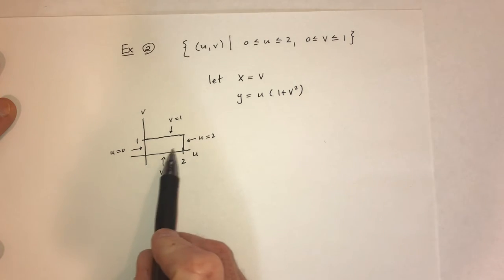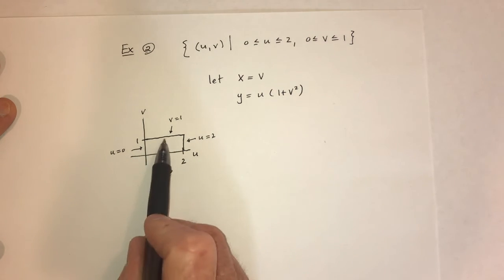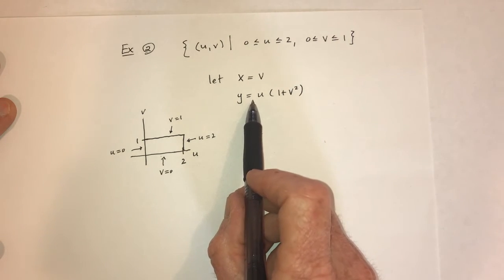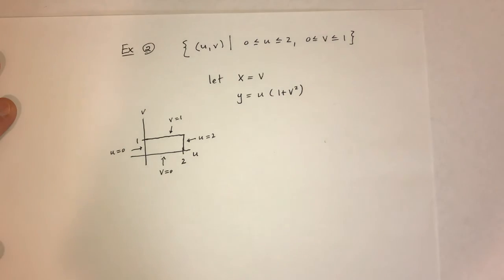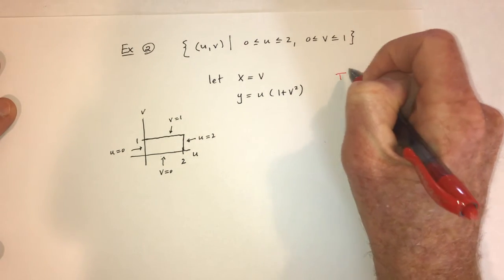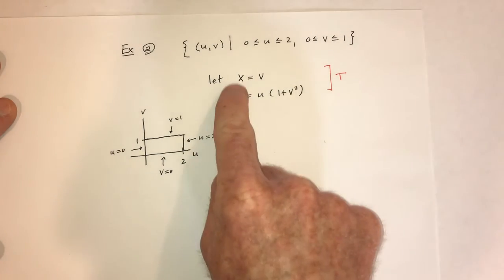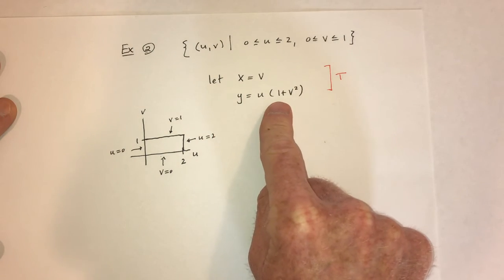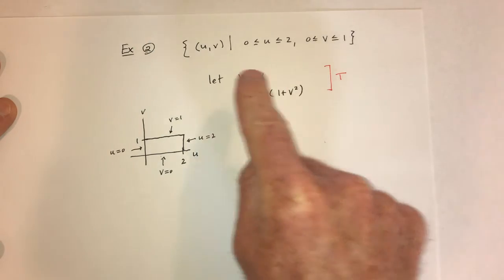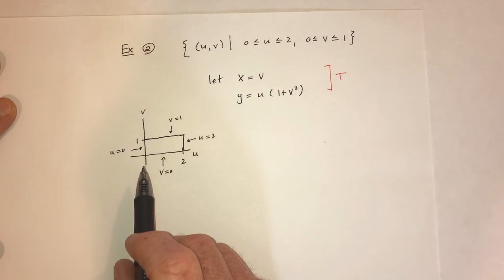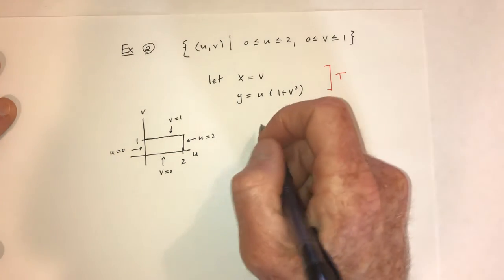So what happens to these 4 lines or 4 line segments if you have this transformation? So just previously I said we have a transformation T. Well, this is the transformation T. So you're transforming between x's and y's to u's and v's, or from u's and v's to x's and y's. So let's take one piece at a time. How about v equals 0?